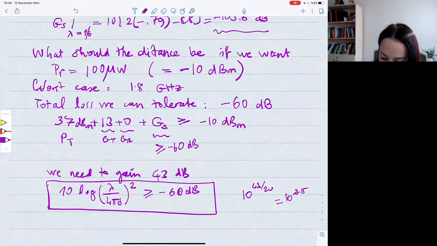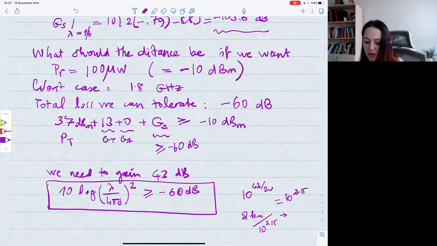So basically from 2 kilometers, that gives us maybe like around 18 meters. I don't know. Let's compute this.